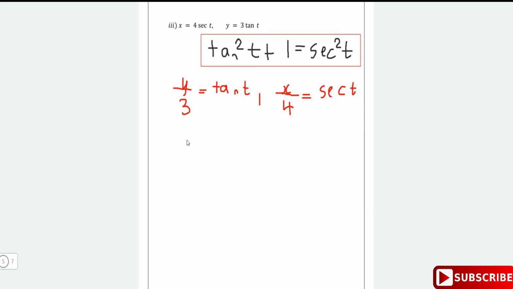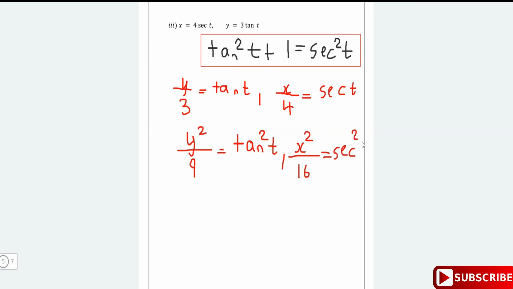If I square both sides, then what I'd be getting is y square over 3 square, which is 9, is equal to tan square t. So y square over 9 is equal to tan square t. And also over this side, if I square both sides, I get x square over 4 square, which is 16. So x square over 16 is equal to sec square t.